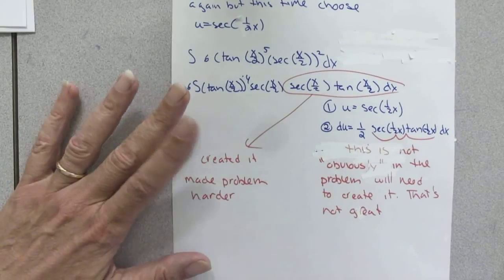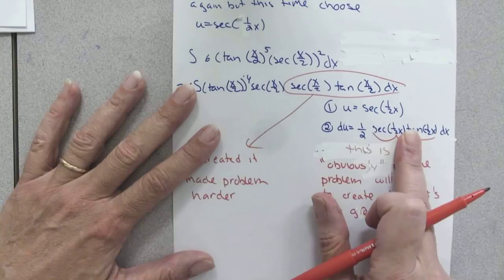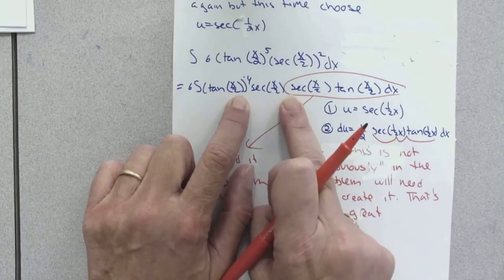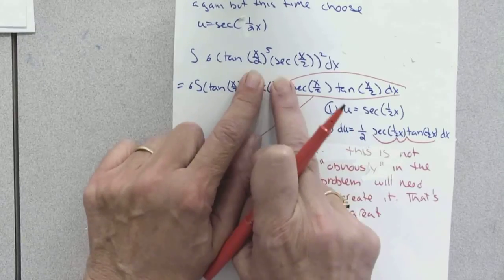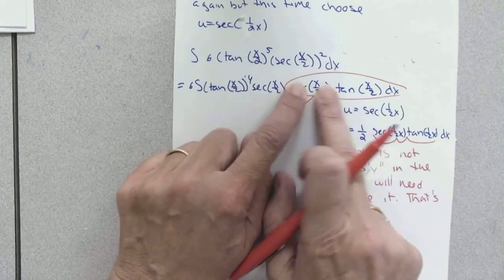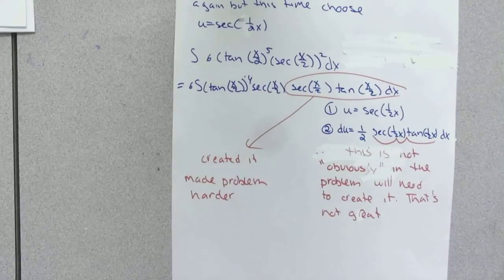In Calculus 1, if you calculate du and there is just absolutely no way to really get it out of your problem, that it's not sitting in your problem, at least the variable stuff, coefficients will take care of themselves. But if the variable stuff isn't sitting in the problem, it's not going to work easily, and it might not work at all.